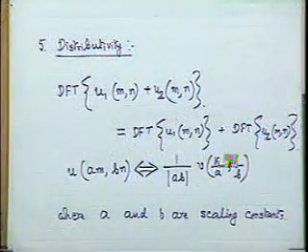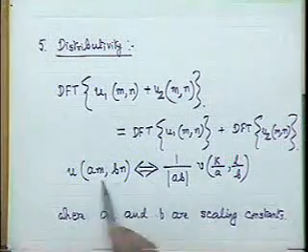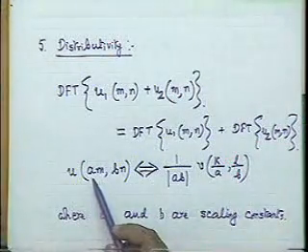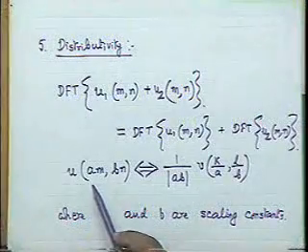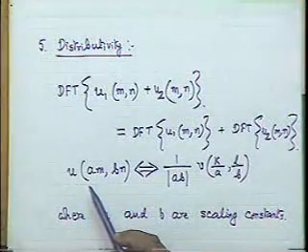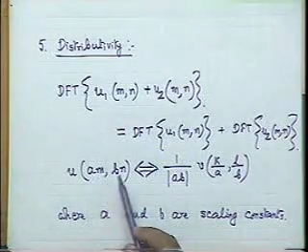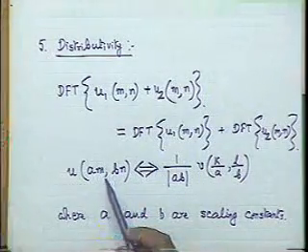So it is very interesting to see, whenever I am multiplying by a constant in the spatial domain, in the frequency domain it becomes a division by the same factor.